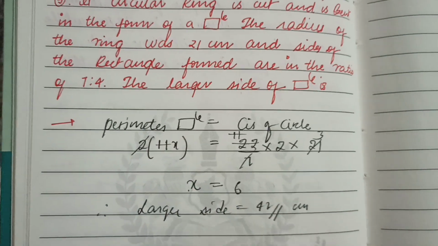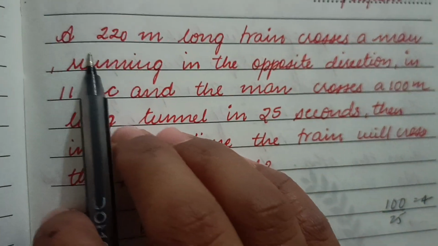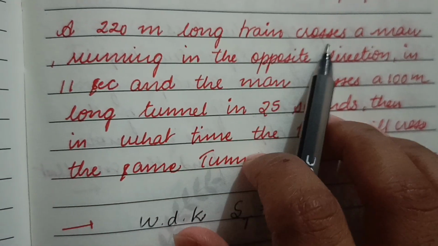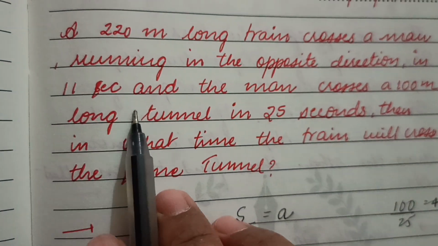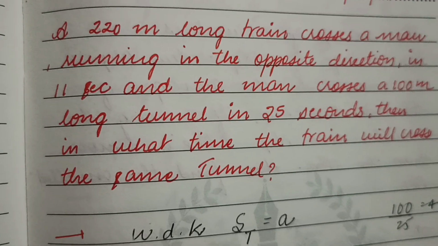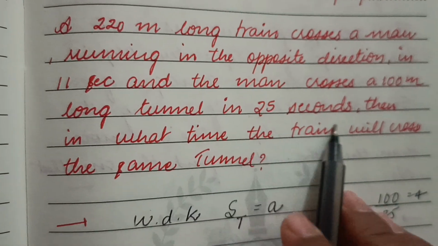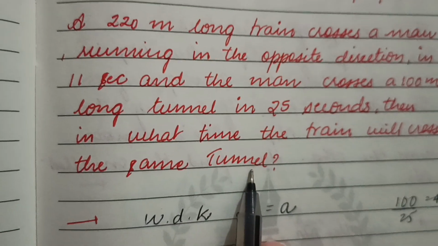So next question, a 220 meter long train crosses a man running in the opposite direction in 11 seconds, and the man crosses a 100 meter long tunnel in 25 seconds. Then in what time will the train cross the same tunnel?